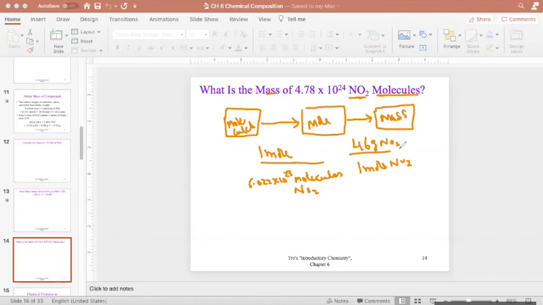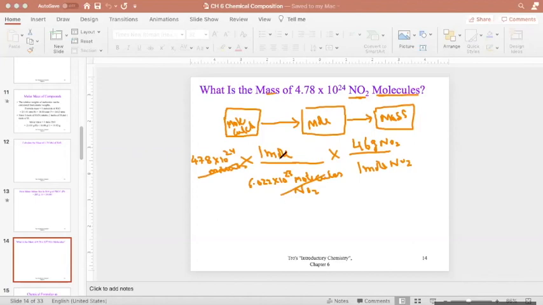I hope you know from where I got this 46, because nitrogen atomic mass is 14. Each oxygen is 16. You have two of them, 32. 32 plus 14, 46, right? Which is one of the rule, 1 mole. And then once you made this conversion factor, you have to just write your number, 4.78 times 10 to the power 24 molecules of NO2.